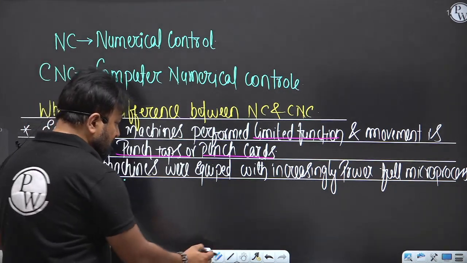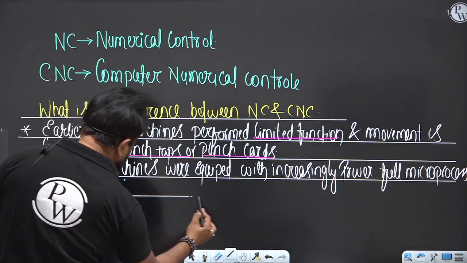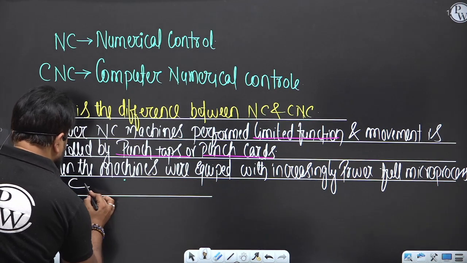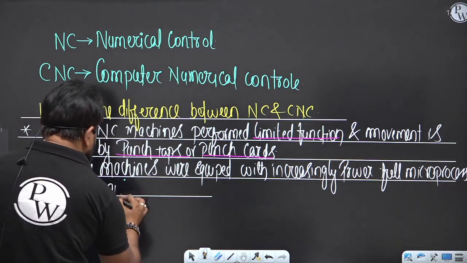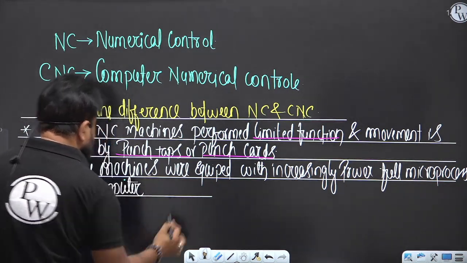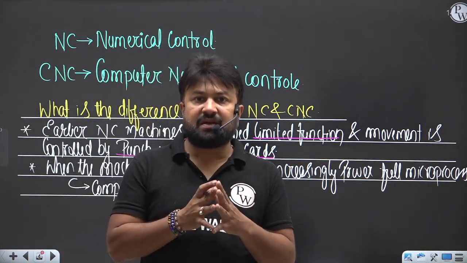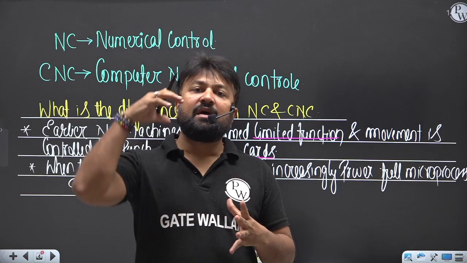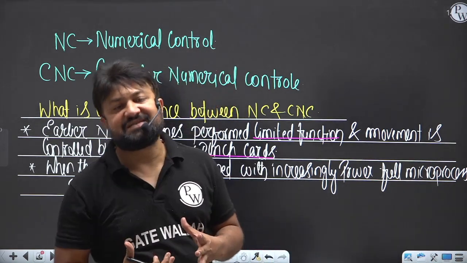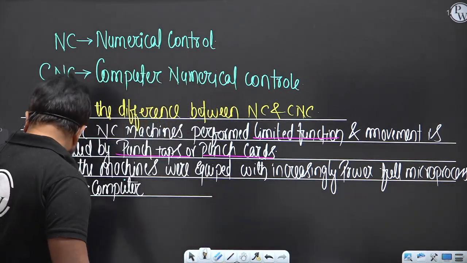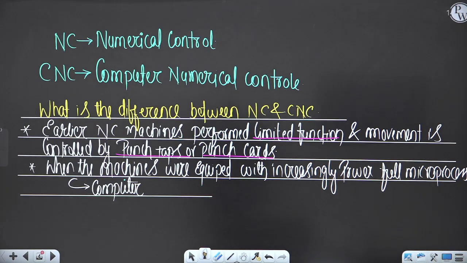So when you attach a computer, that is a highly powerful microprocessor, to the NC machine, that machine becomes CNC. Is that clear?